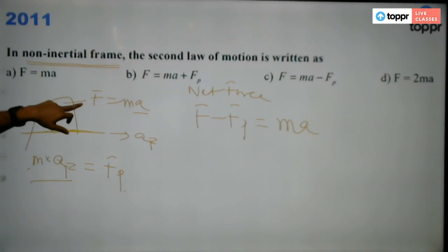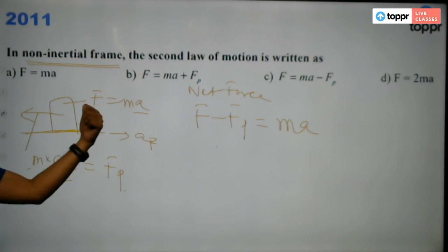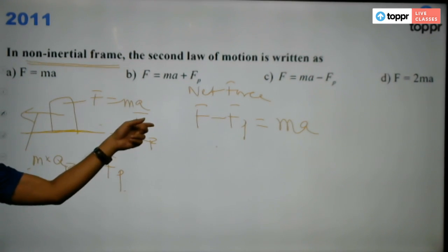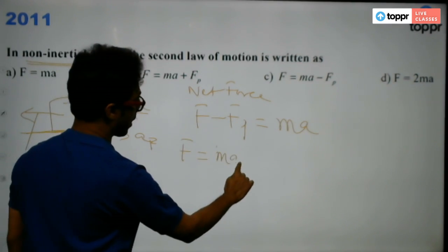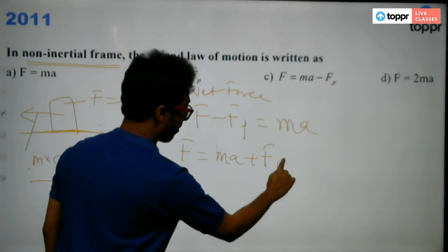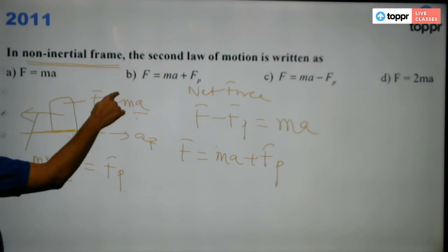Suppose you have given a force F, and also there is a pseudo force in the opposite direction, FP. So the net force will be F minus FP, which is nothing but mass into the acceleration of the body. So I can write F equals MA plus FP. F equals MA plus FP. This equation.